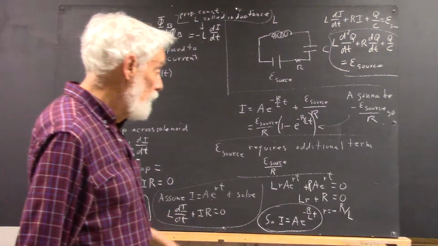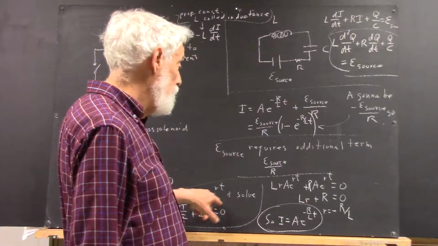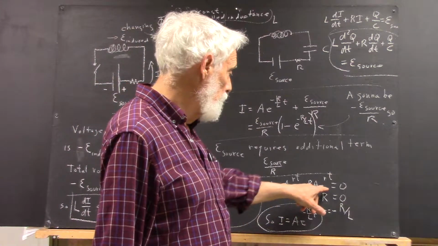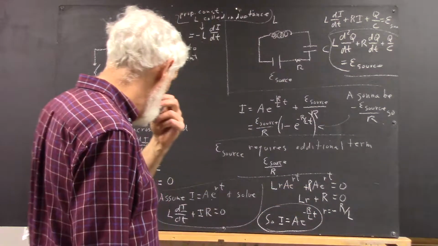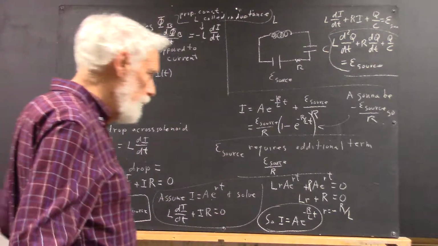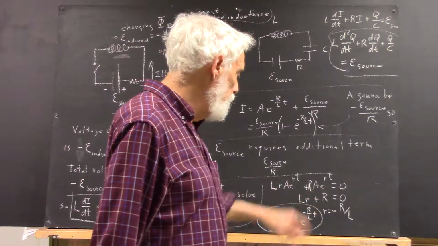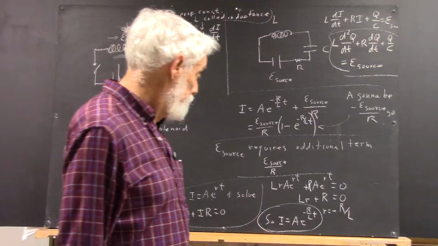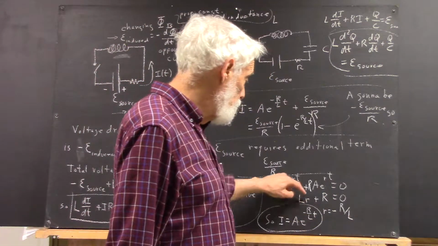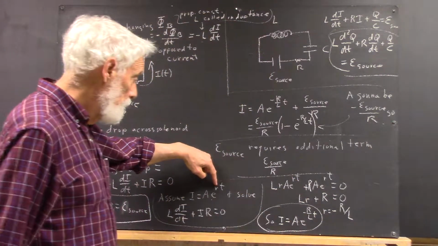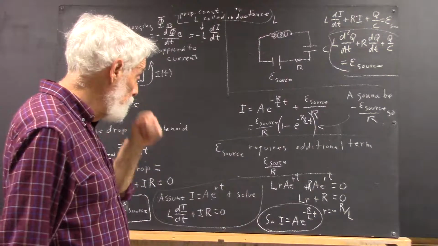And we have IR. Well, I is A e to the rt, so we're going to have an A e to the rt multiplied by R. And now we can simply divide out the A e to the rt, and we get a very simple equation that we can solve for little r, the number that goes in the exponential.